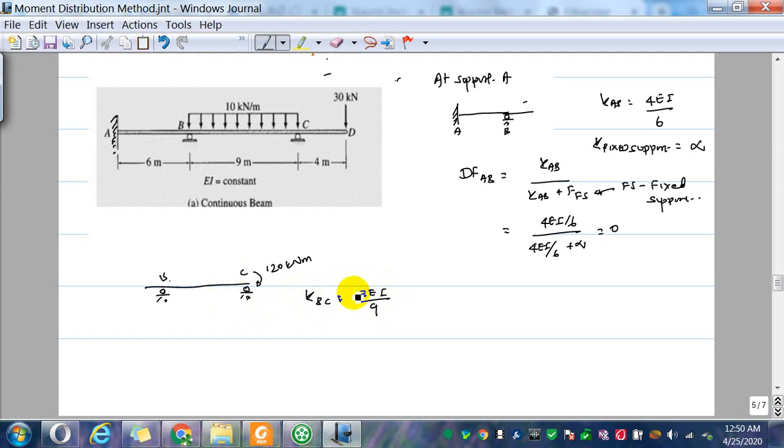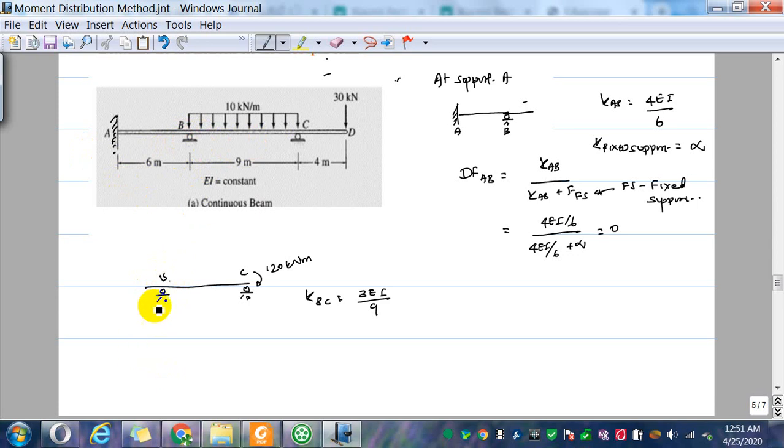Now, if you consider the distribution factor, so if you consider AB and BC, at point B, if there is an internal moment at the support B, there are two members carrying that moment, BC and BA.